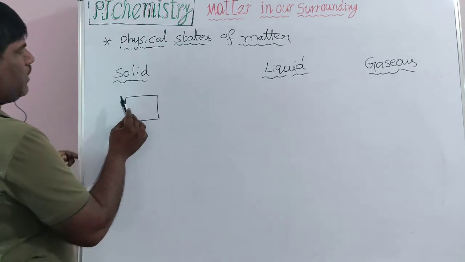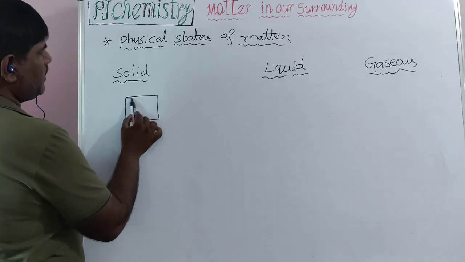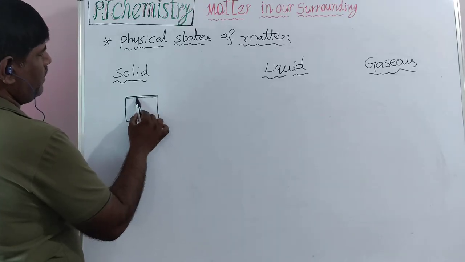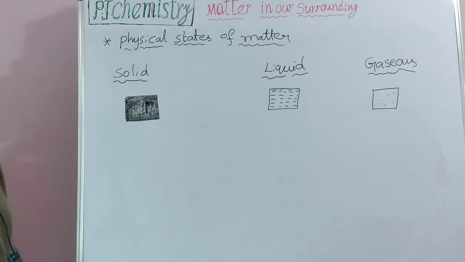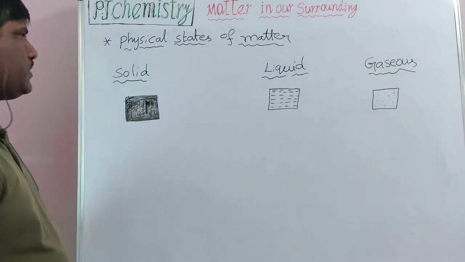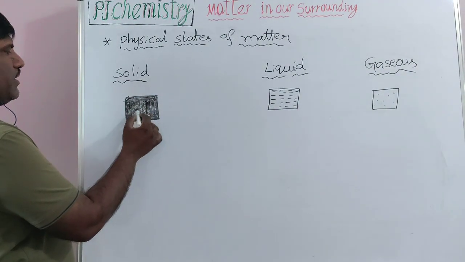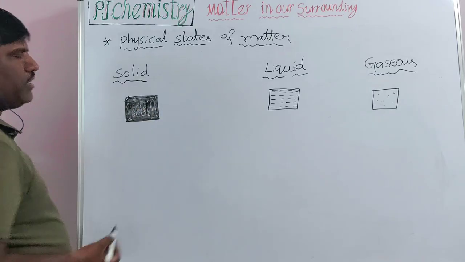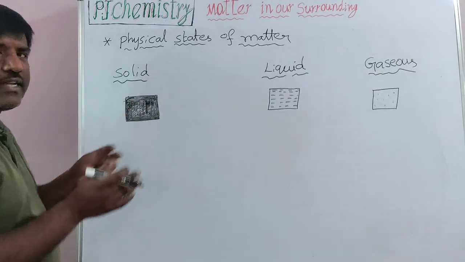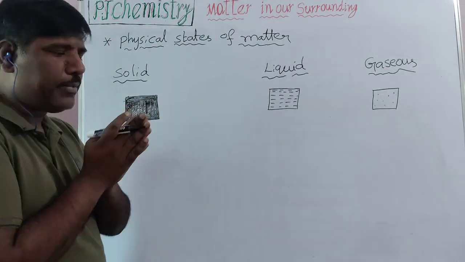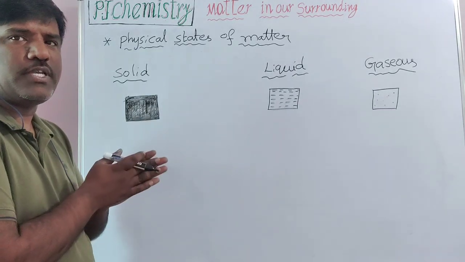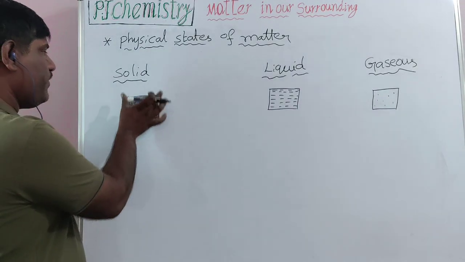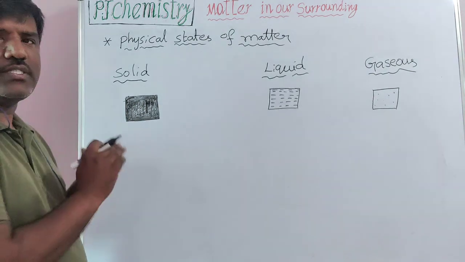In the solid state, particles are tightly packed. Observe these diagrams. In a solid state, there is no space between the particles. Particles are tightly packed, meaning more attraction between the particles. More attraction means less space. That is why solids have fixed volume and fixed shape.